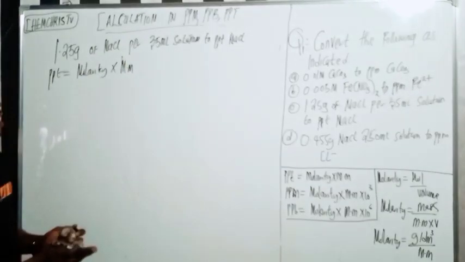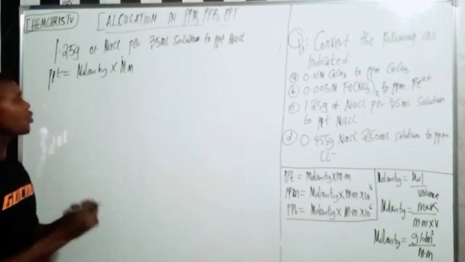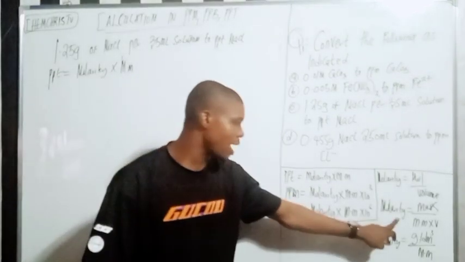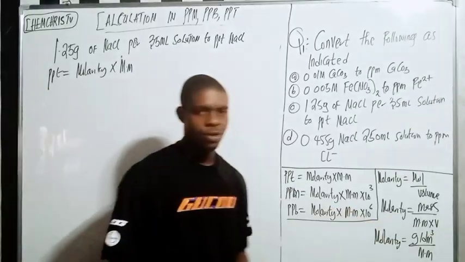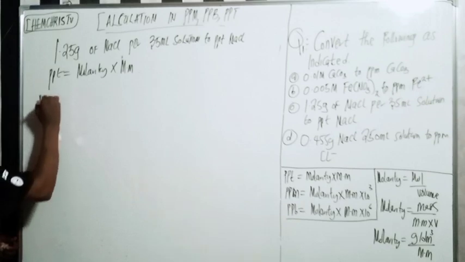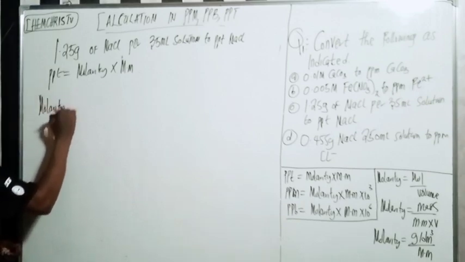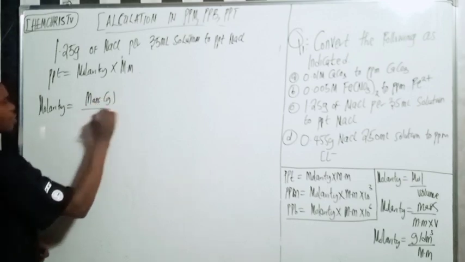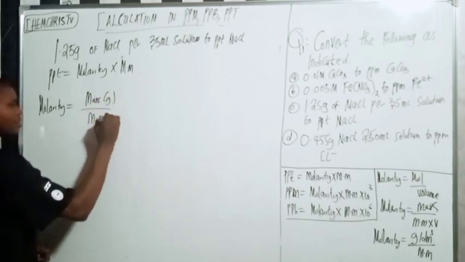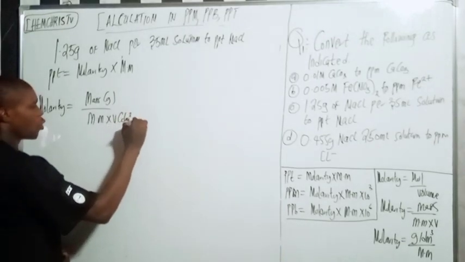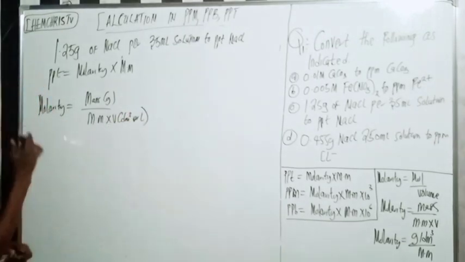Now, here they gave us gram and volume. So how do you calculate the molarity? I want to use this formula: molarity equals mass divided by molar mass times volume, where the mass is in gram and the volume must be in dm cube or liter.